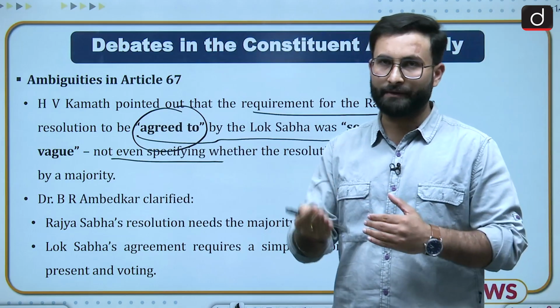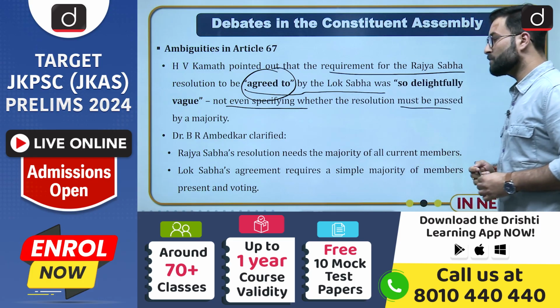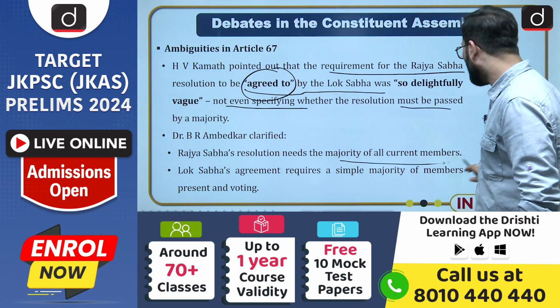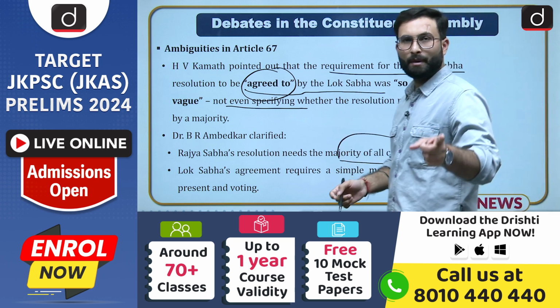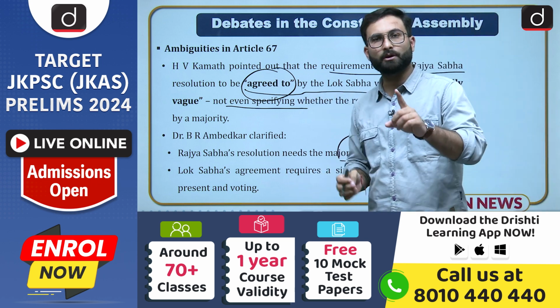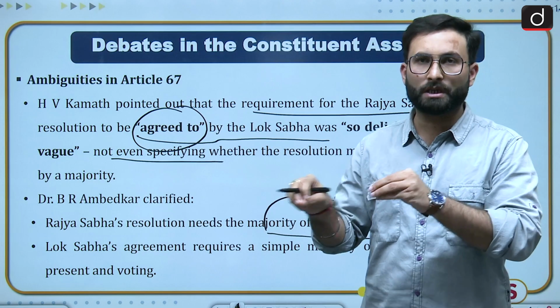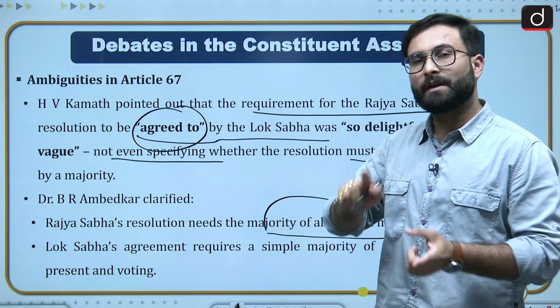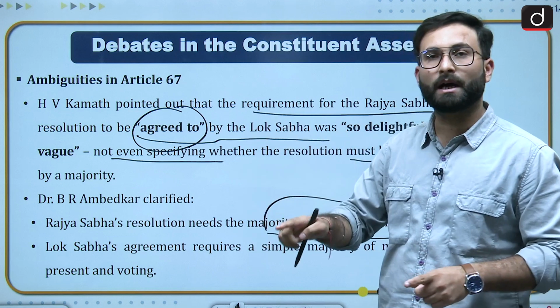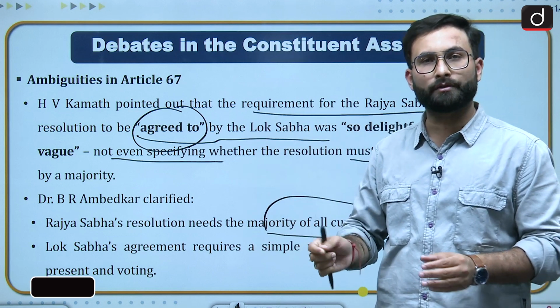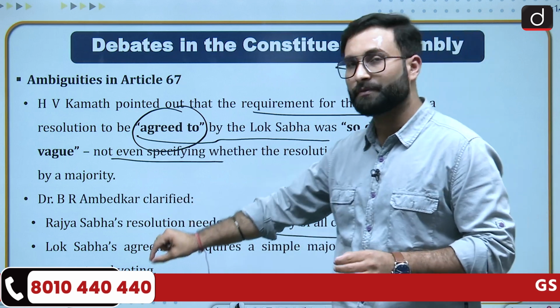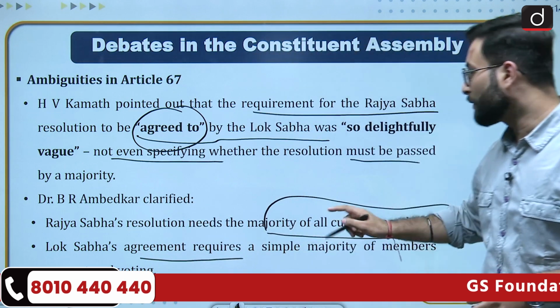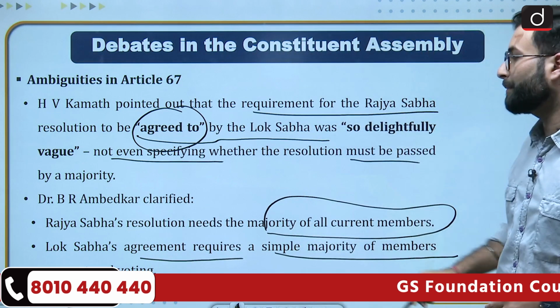Now Dr. B.R. Ambedkar has clarified that the Rajya Sabha's resolution needs the majority of all the then members, which has been written in the article. That means all the current members, and their majority should be taken in the Rajya Sabha. And in the Lok Sabha, they will take a majority of those present and voting. So he has specified that the Lok Sabha's agreement requires a simple majority of the members present and voting.